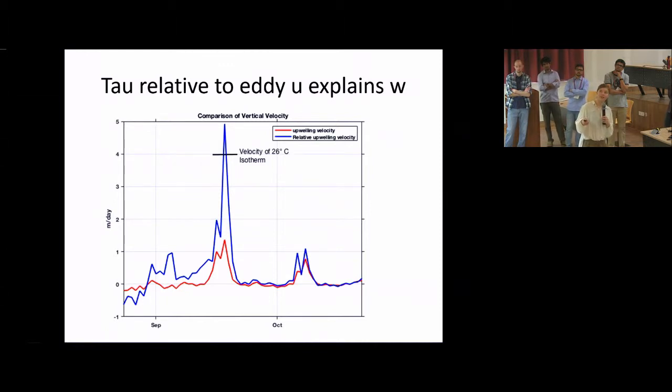And it's much stronger during the first cyclone, even though it was more moderate. When we looked at how much the 26-degree isotherm lifted during that period, it was about 4 meters, which is very close to what we saw with our Ekman pumping calculation. And that's it.